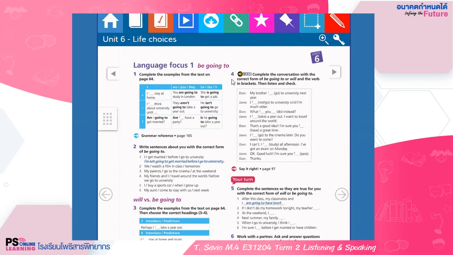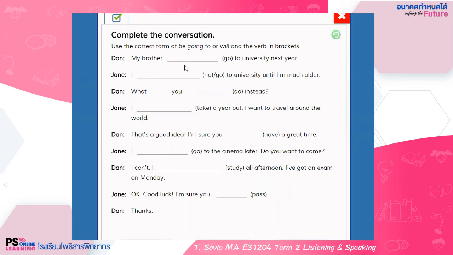Exercise 4. Complete the conversation with the correct form of be going to or will and the verb in brackets. Then listen and check. My brother, we have to use the go form of the verb. And be going to. So, my brother is going.